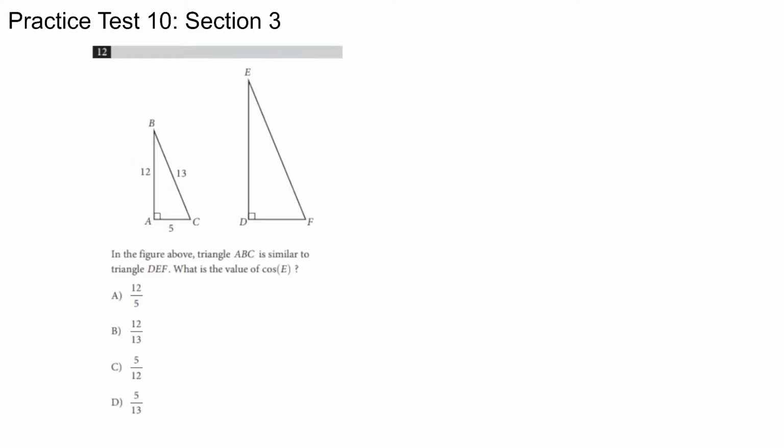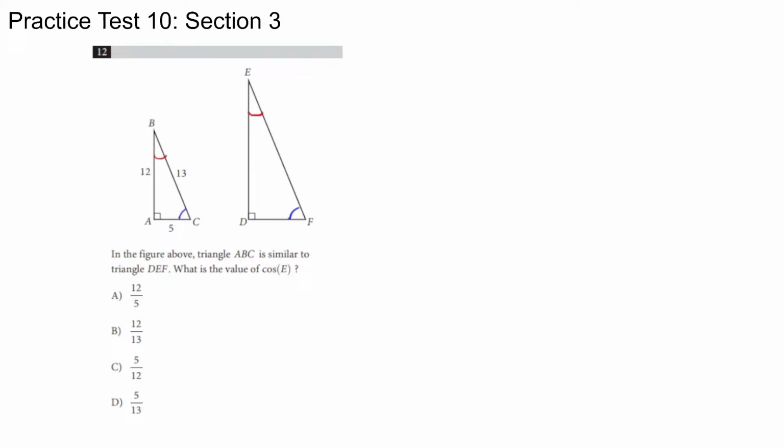Question 12 gives me two triangles and says, in the figure above, triangle ABC is similar to triangle DEF. What is the value of cosine of E? A similar triangle basically tells me that my corresponding angles are going to be equal to one another. I also know that my corresponding sides are going to be proportional.